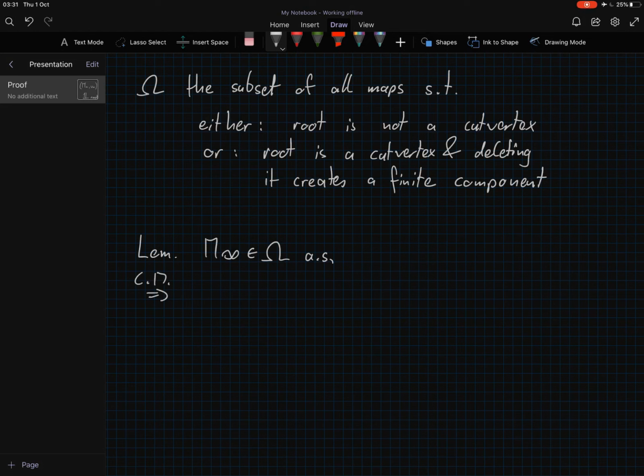Then by the continuous mapping theorem it follows that Xn divided by the number of vertices of Mn has a first moment that converges as n becomes larger to a constant p, given by the probability that the root of M infinity is a cut vertex.